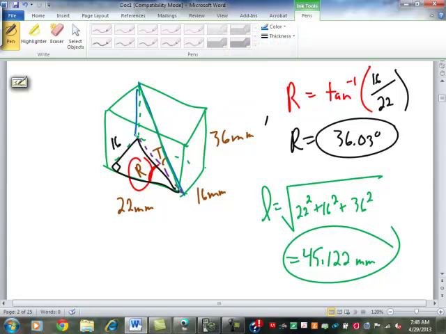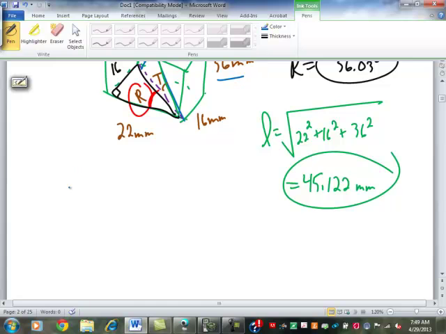Because from T, we know the opposite side here, which is 36. We know the hypotenuse. If this is our right angle, we know the hypotenuse, which is 45.122. And opposite over hypotenuse makes sine. So sine of T equals 36 over 45.122.